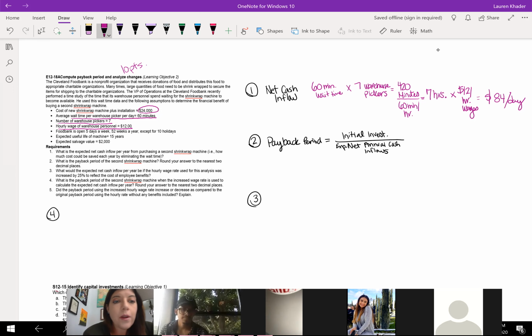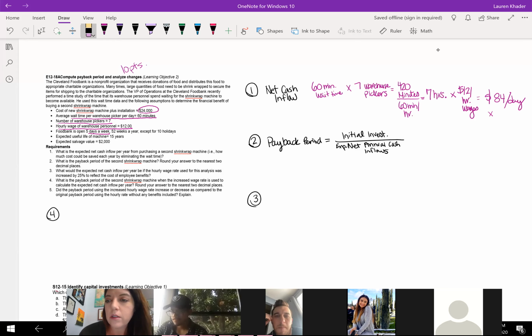Food bank is open 5 days a week, right? So we're going to multiply that times 5. Or actually, we can do something else to calculate a little bit easier. 52 weeks per year, except for 10 holidays.